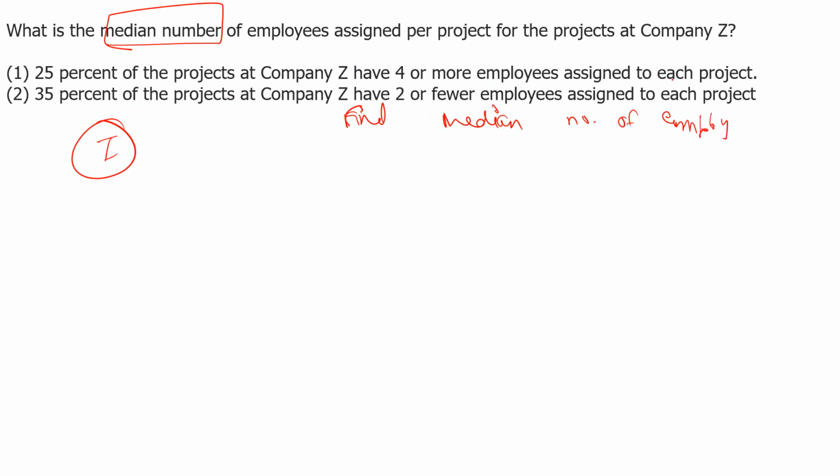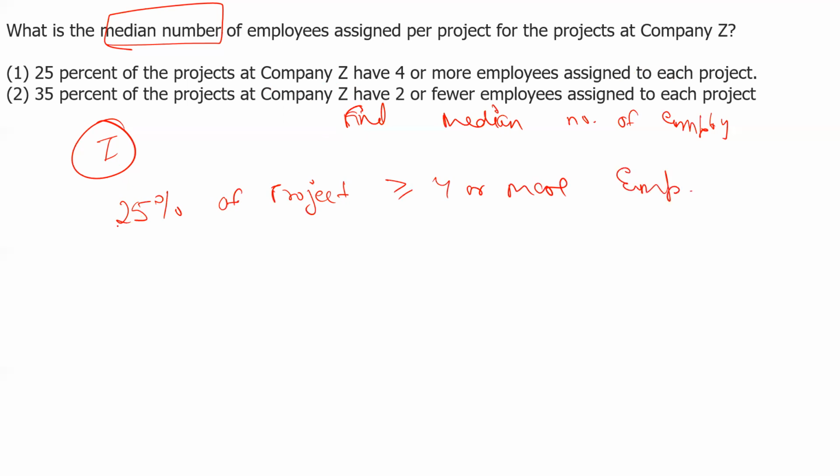Definitely there is only one company in both statements, so there is no worry about writing company Z. Statement number one says 25% of projects will be assigned 4 or more employees. Okay, fine.